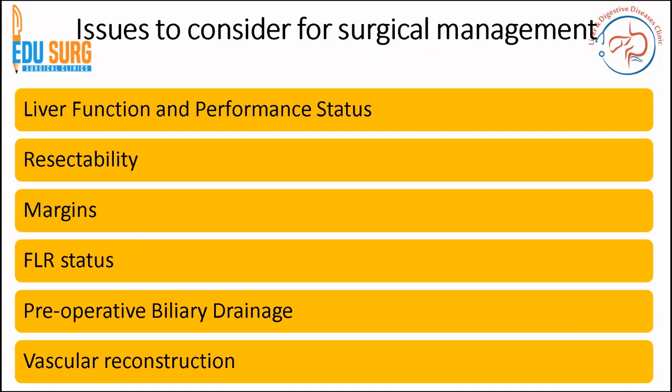Now, resectability is another criterion where you need to assess the patient and the liver and the tumor as a whole. Then we come to margins, the functional liver remnant status, then the status of preoperative biliary drainage and the vascular reconstruction.